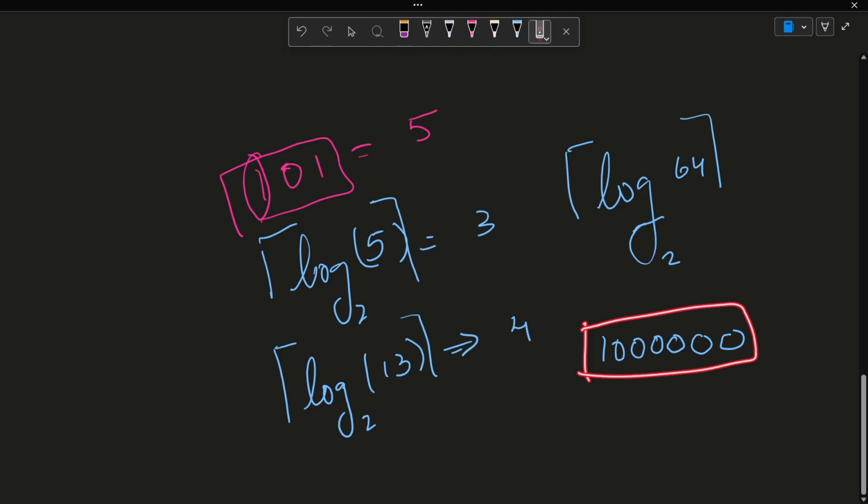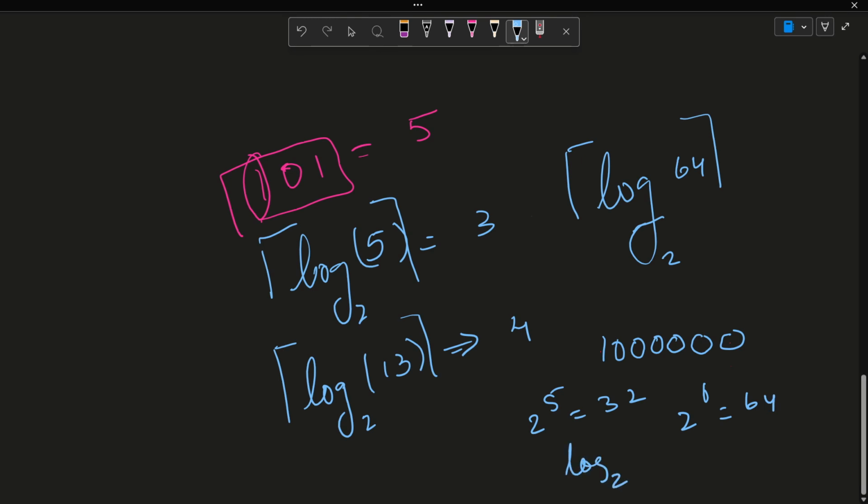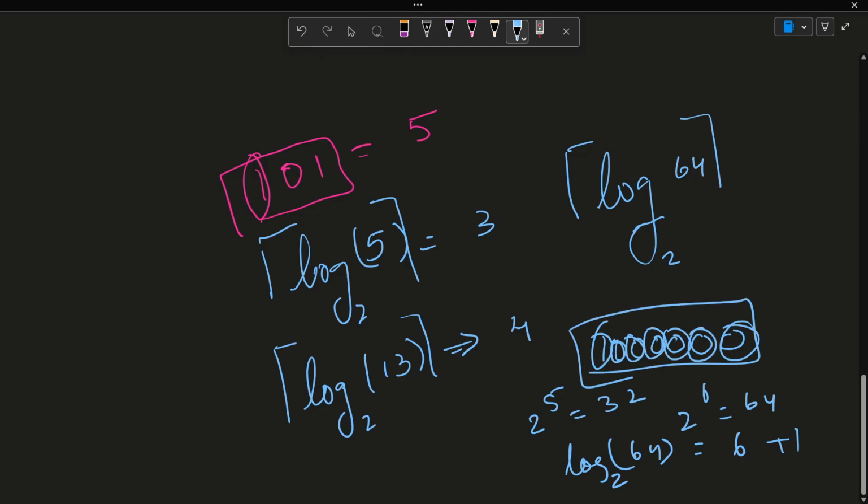And 2 to the power 5 is 32, 2 to the power 6 is 64. So log base 2 of 64 is basically 6. You would take about 6 iterations in the while loop, or you can just add 1 to it, since you are counting 3, 4, 5, 6 and 7. Basically your count value would be 7. So you could just add 1 and take the ceil.